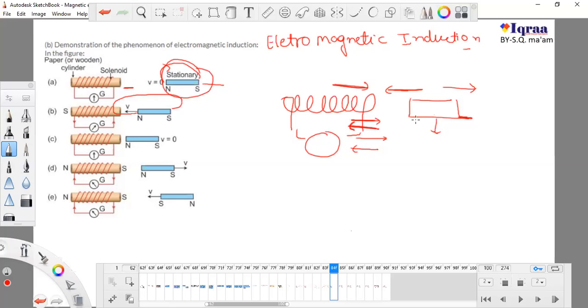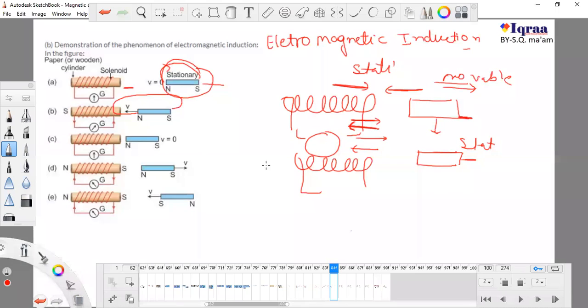Second, you can move the magnet while the coil is stationary. In the third case, you can move both of them.